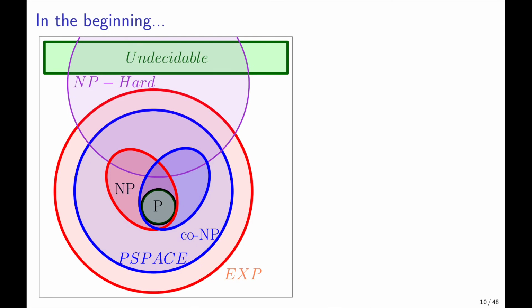Okay, above this, we have problems that are NP-hard. NP-hard problems are problems that if we could solve them in polynomial time, then NP would be equal to P. It would say that everything collapses and all the problems in NP can be solved in polynomial time. Notice that NP-hard not only contains problems in NP, it also contains problems that are much harder.